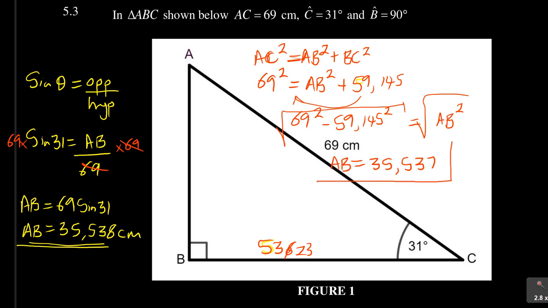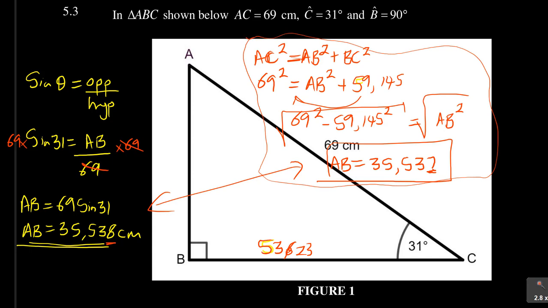So now if you compare the two answers, I think it's matching. 35,537 and 35,538. It is the rounding off that is making the last decimal different. But you can see that these two answers are matching, and it's always good to use this second method to cross-check your first method.